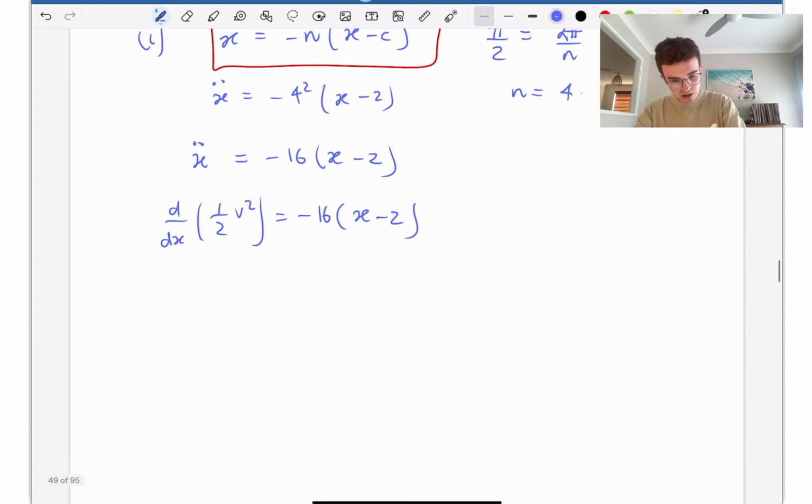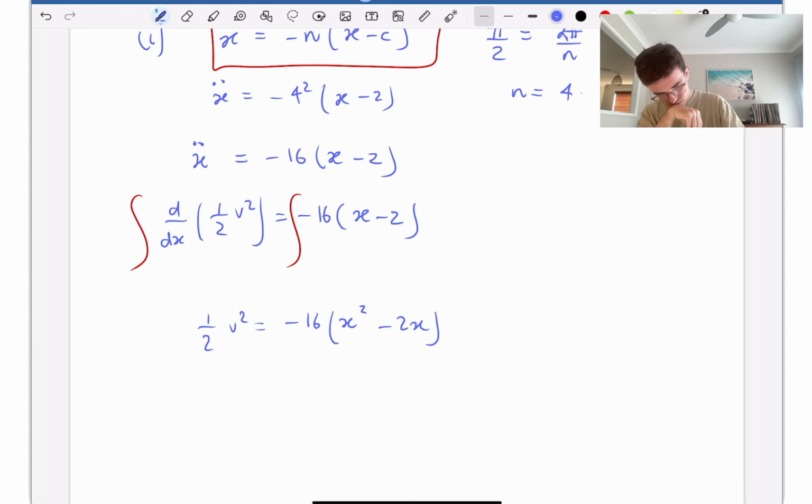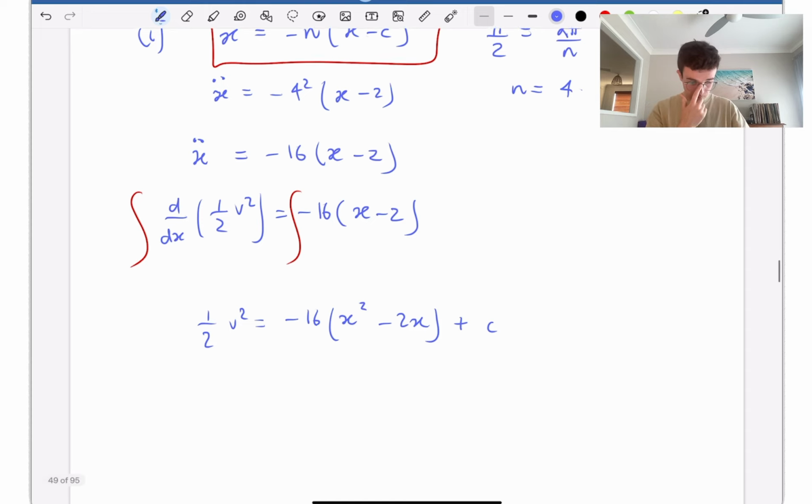So this is a half v squared equaling minus 16 times x squared on 2, plus 16 times 2 times x, plus c.